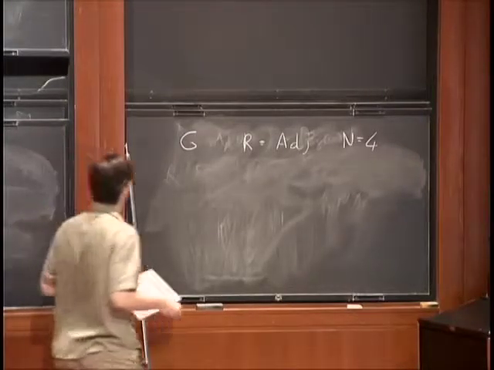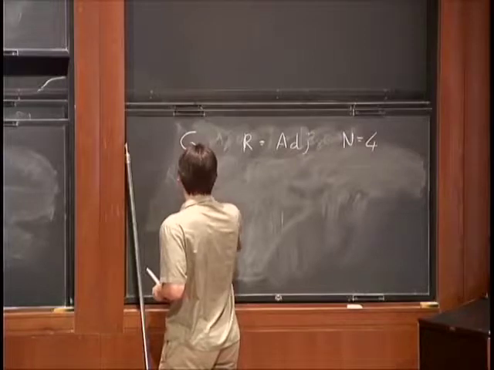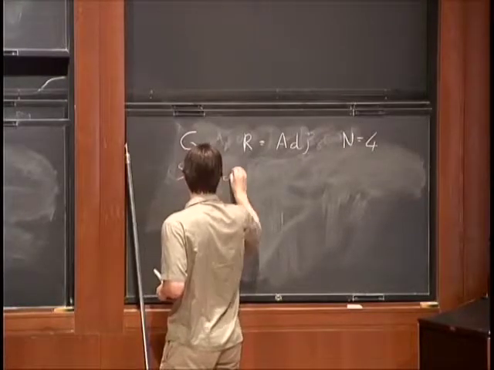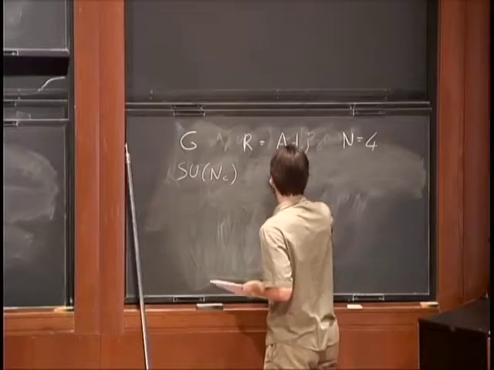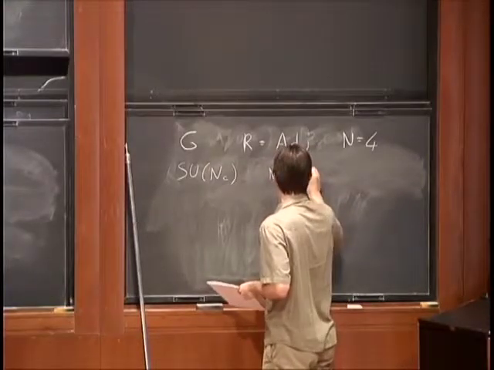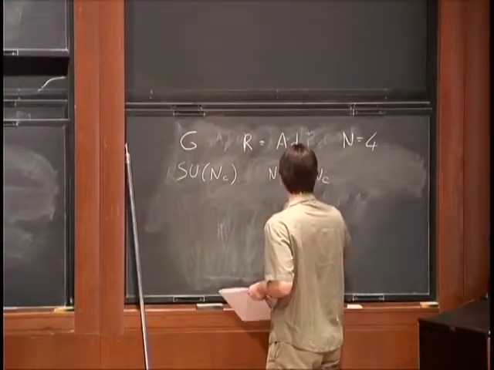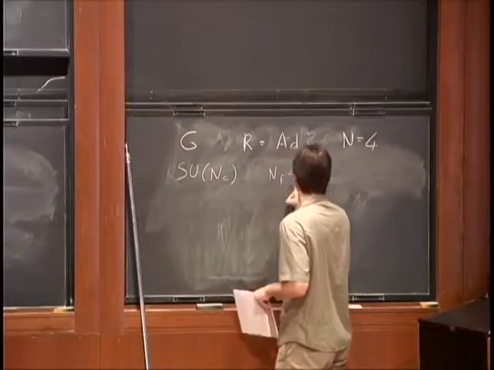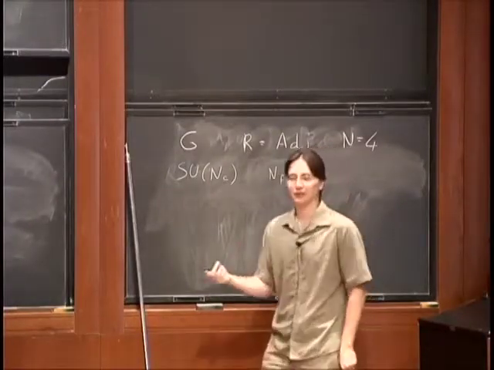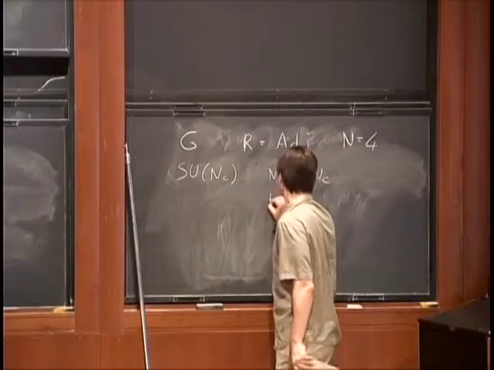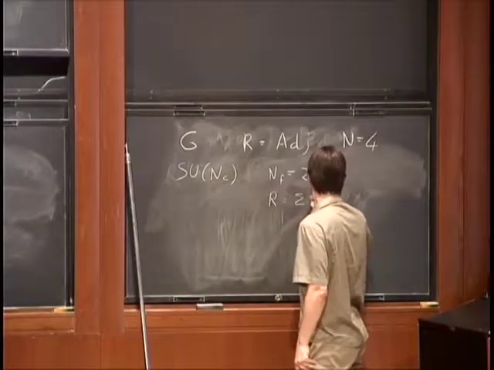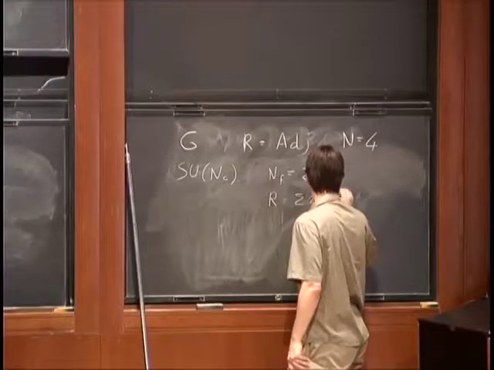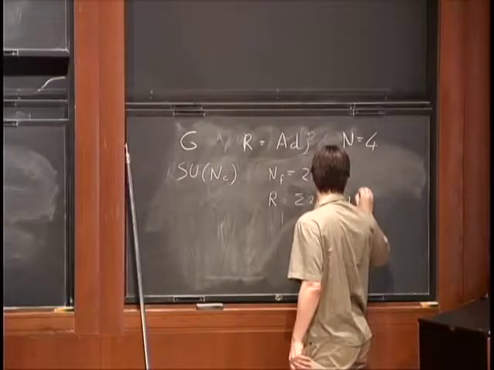But another simple possibility is to take SU(N) gauge groups and add N_f fundamental flavors. So take the representation to be just the sum of N_f copies of the fundamental representation.